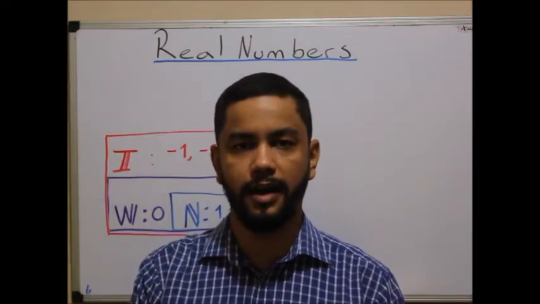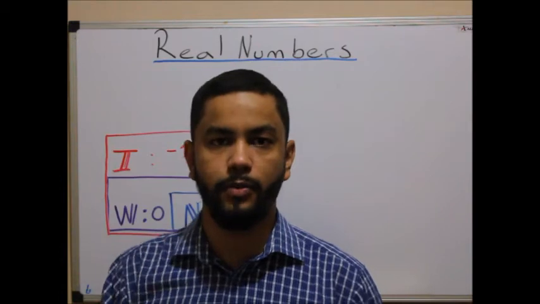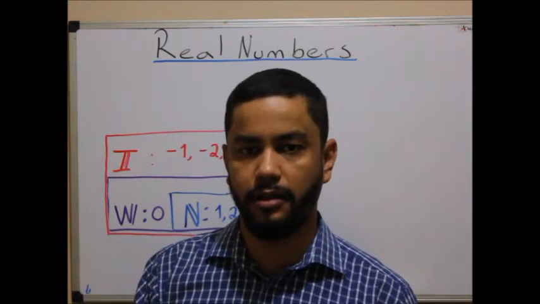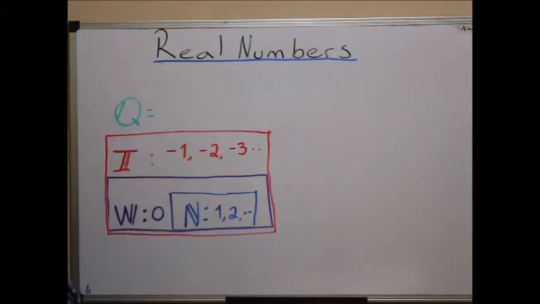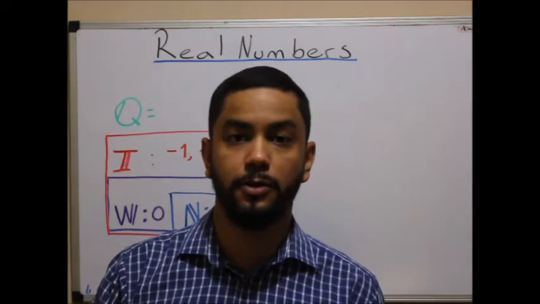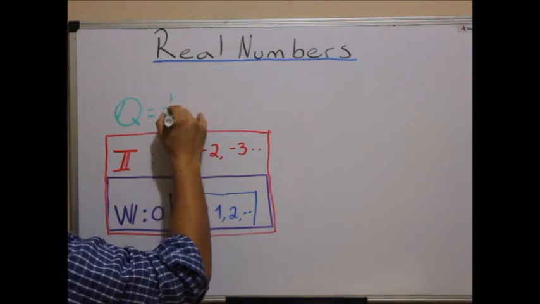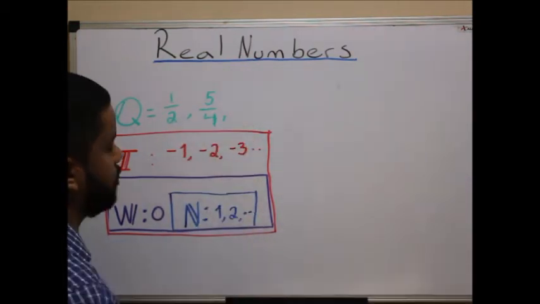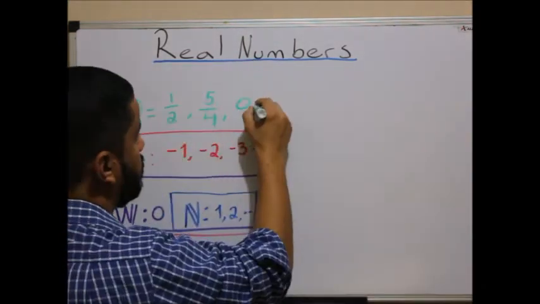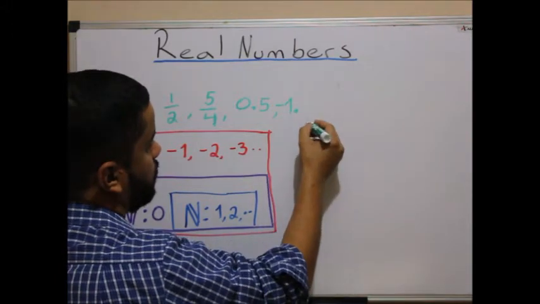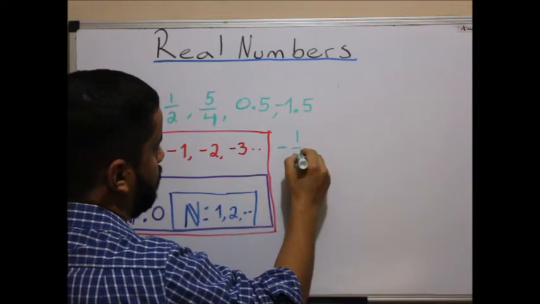But where do we have the fractions? Here we're talking just about integers, and integers mean without parts. The fractions are a set represented by the Q, with the name of rational numbers. So we have fractions like 1/2, 5/4. We can also have exact decimals such as 0.5, -1.5, and also the fraction -1/4.